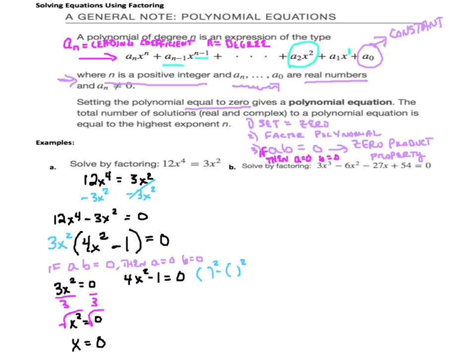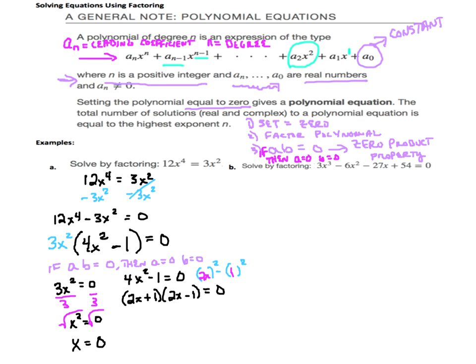Whenever I have that particular situation, where my somethings are 2x and 1, whenever I can force my polynomial into that mold of something squared minus something squared, it is a difference of squares, and it factors as my a term plus my b term multiplied by my a term minus my b term, and that equals 0.